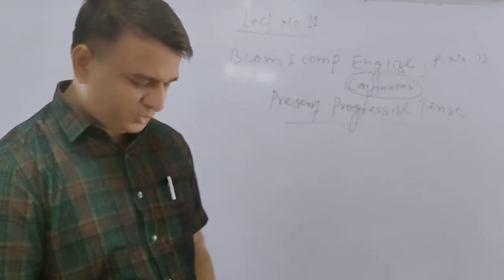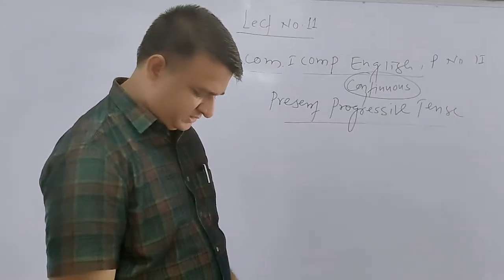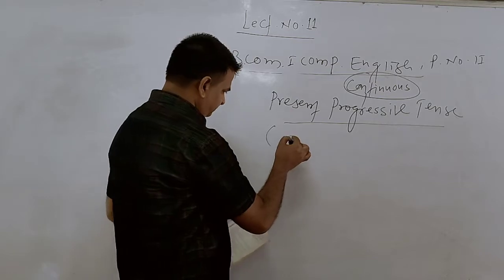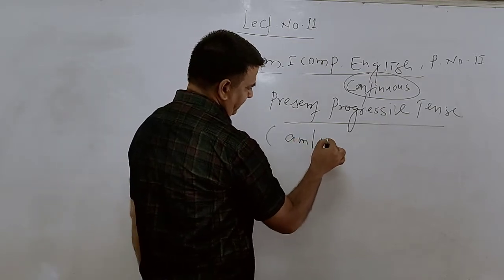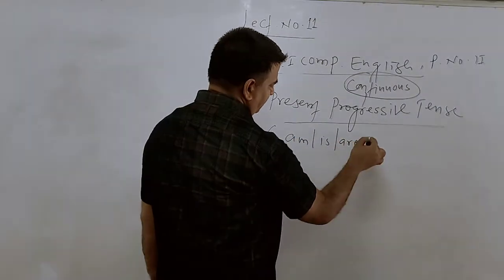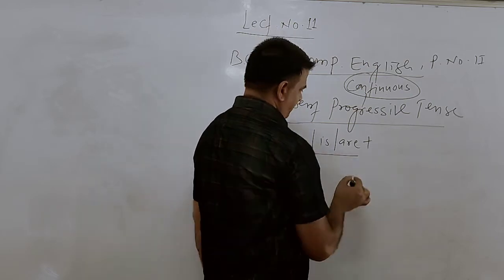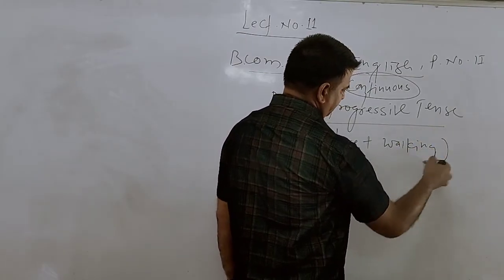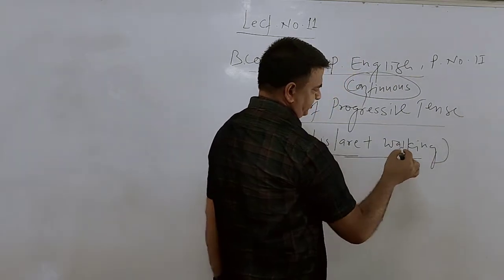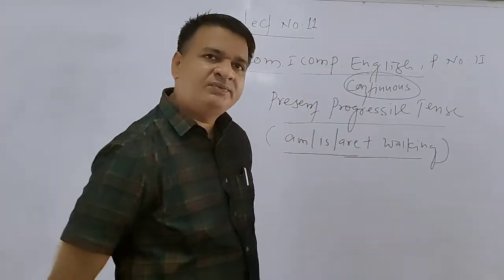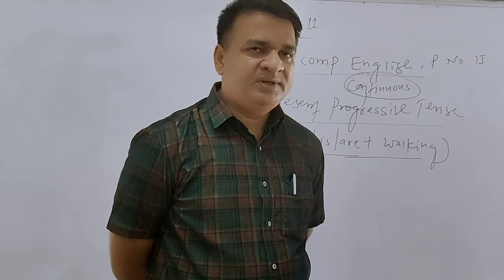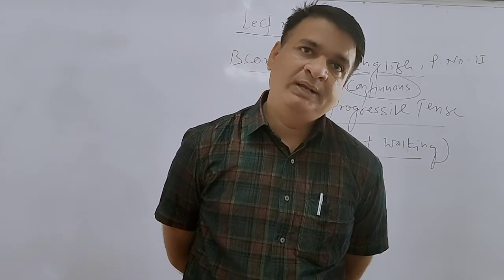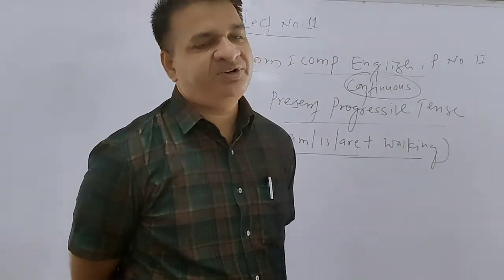And this present progressive or present continuous tense pattern is that we have to use am, is, are plus walking. क्रियापदांचा चौथं means, initially we have seen in the simple present tense the basic form of the verb and basic form of the to be's am, is, are.